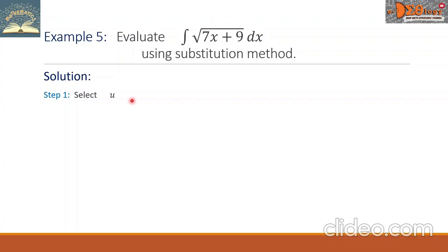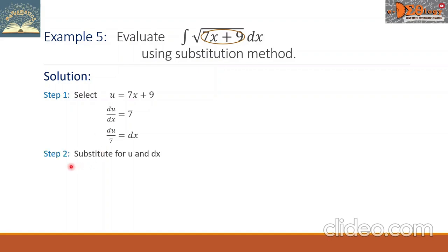So when we select u, we will take only the 7x plus 9. Then we will take the derivative, du over dx, which is equal to 7. And we want to get the value of dx. We cross multiply, or we change the position of dx and the value 7. So dx equals du over 7.